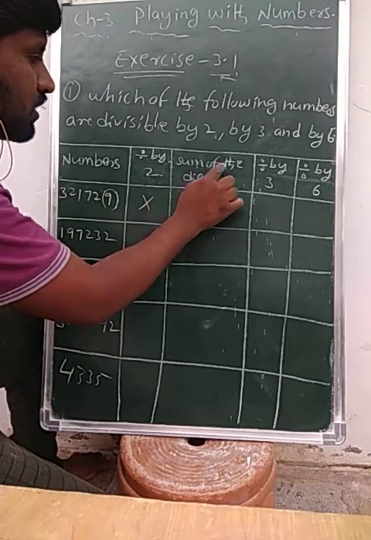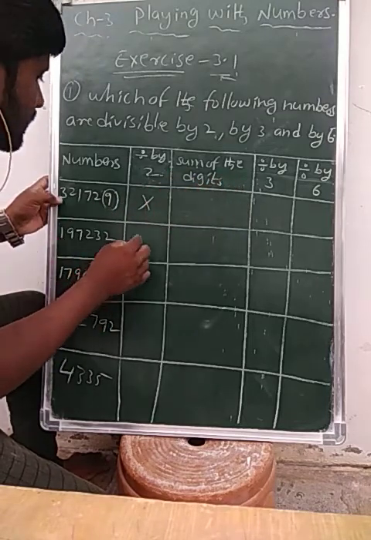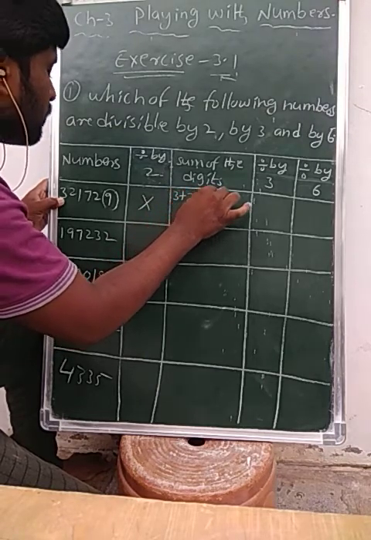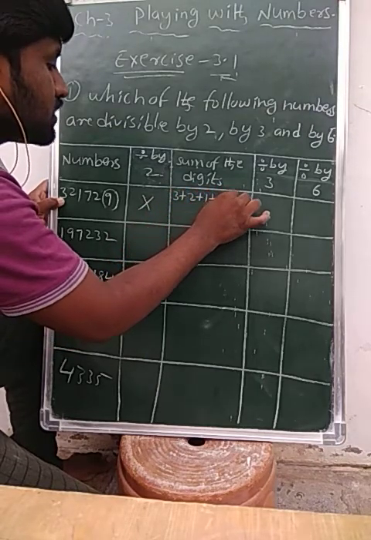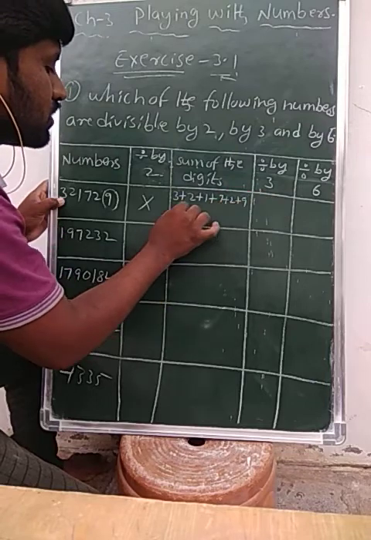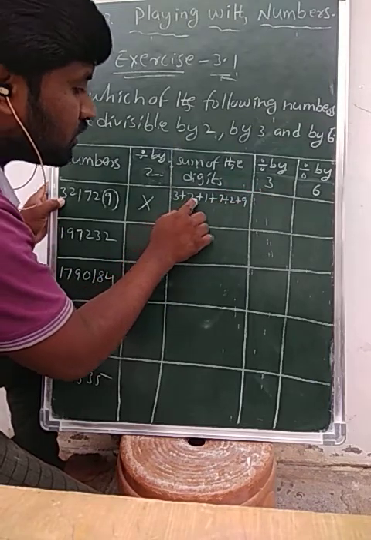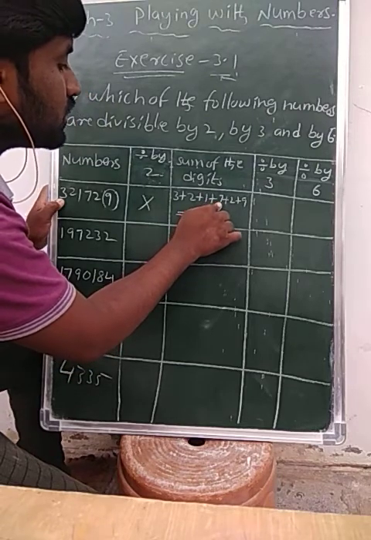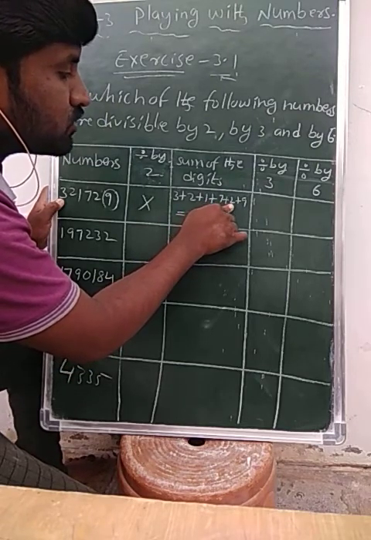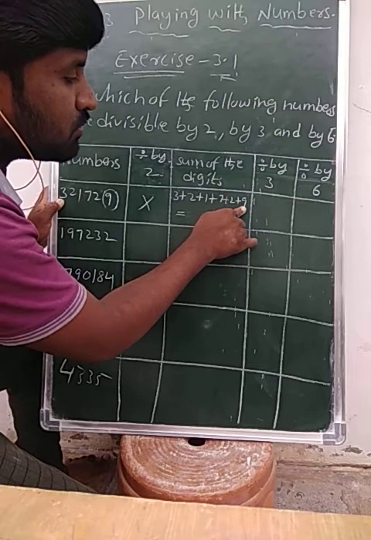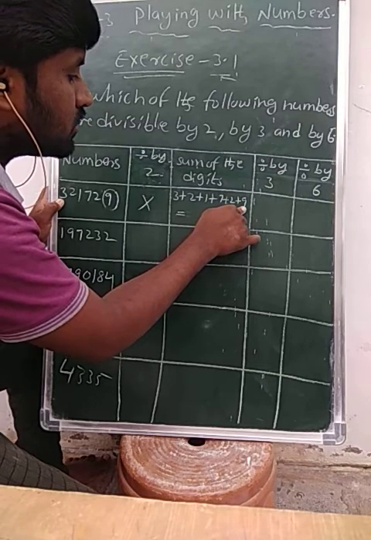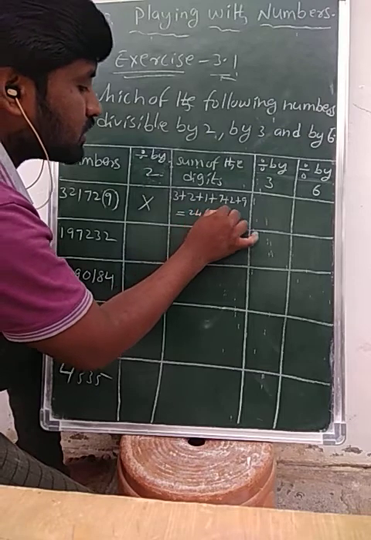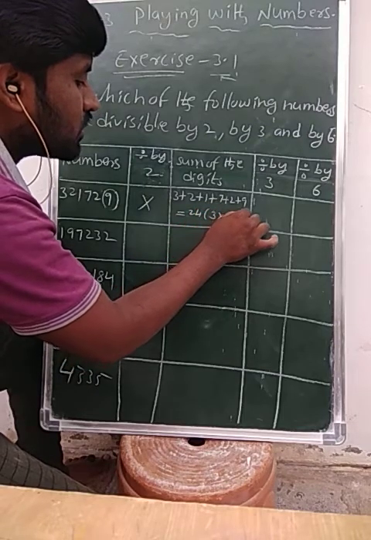Next, check the sum of the digits of the number. What is the sum of the digits? 3 plus 2 plus 1 plus 7 plus 2 plus 9. So 3 plus 2 is 5, 5 plus 1 is 6, 6 plus 7 is 13, 13 plus 2 is 15, 15 plus 9 is 24. 24 means it is divisible by 3. 3 eights are 24.